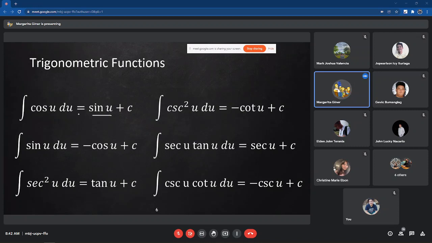So, baliskad sila nga duha. So, subong cosine u, ang answer niya, pag in-solve mo ang antiderivative niya, is sin u. So, baliskad. Ang answer sa differential, amo na siya ang equation sa integral. Okay? So, this is for trigonometric function.